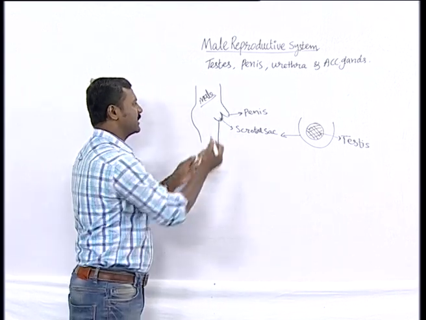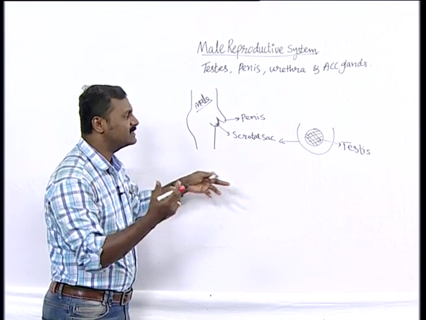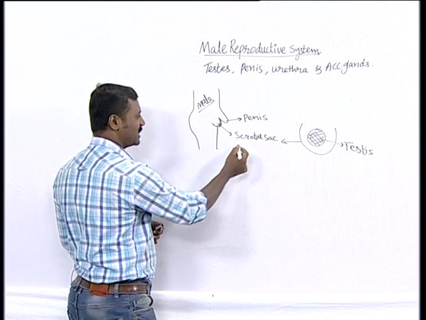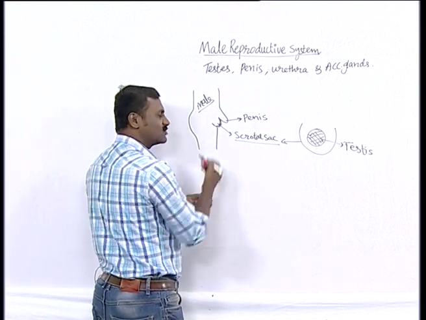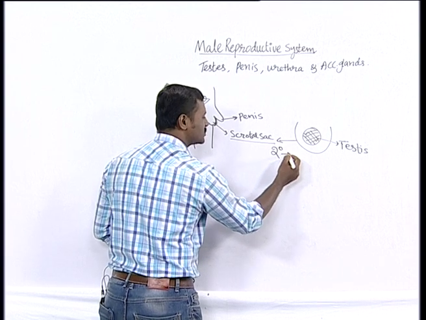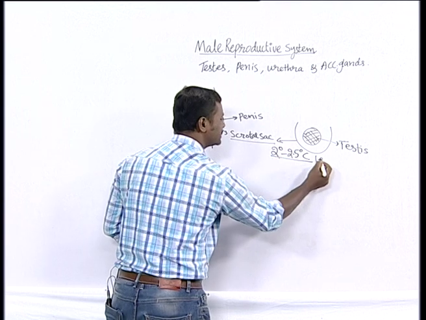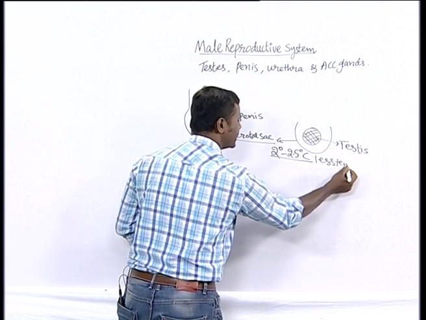Generally this reproductive system is hanging outside the body. Why is it outside? The scrotal sacs are outside because a temperature 2 to 2.5 degrees centigrade less is present.